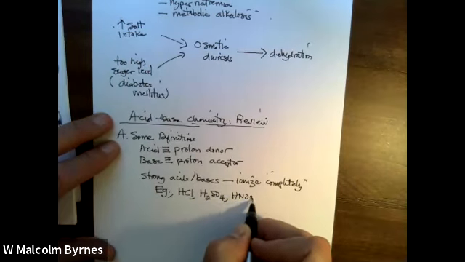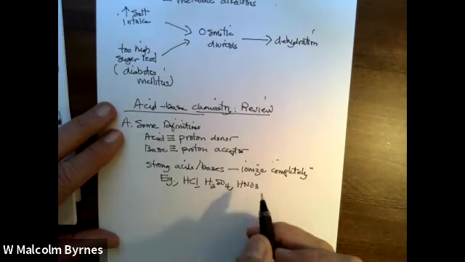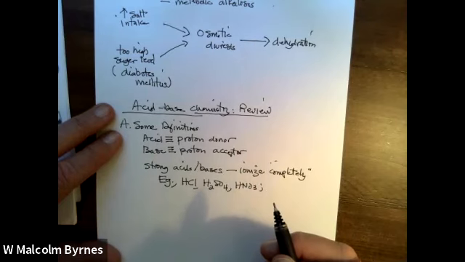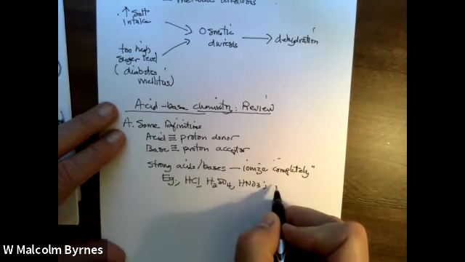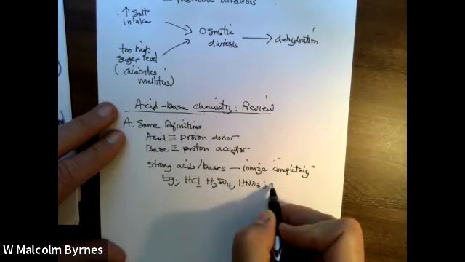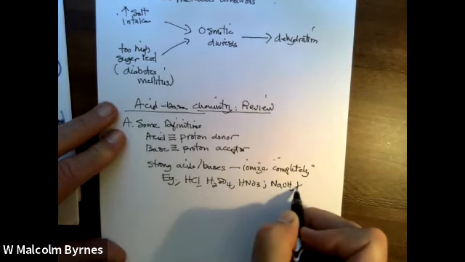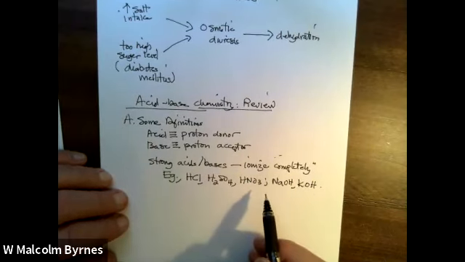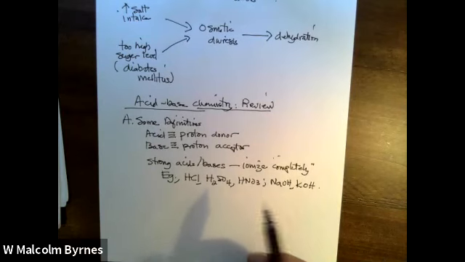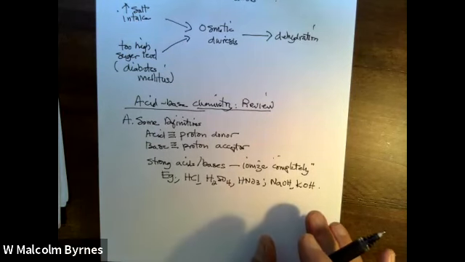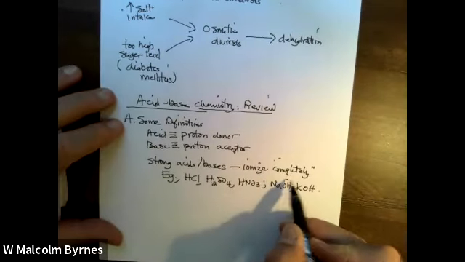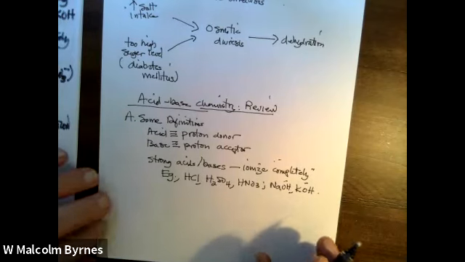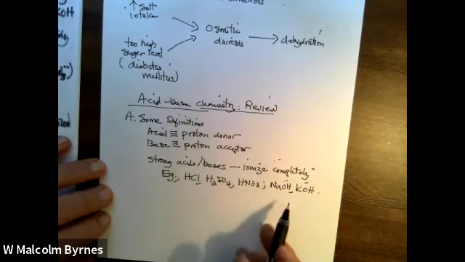Nitric, HNO3. These are all strong acids, and some examples of strong bases would include sodium hydroxide, potassium hydroxide. Okay. One thing about these acids is that they're all molecular, although when they are placed in solution, they break apart. Whereas sodium hydroxide and potassium hydroxide are ionic compounds, but they also, when they dissolve, form ions.